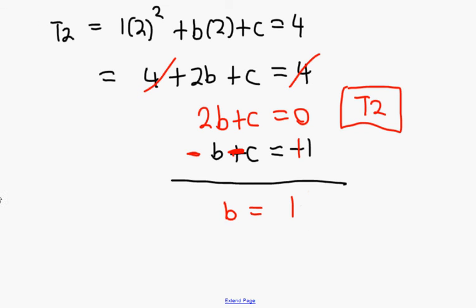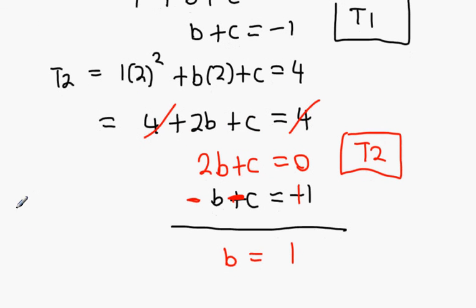Now because b equals 1, you can go up to your original formula, b plus c equals minus 1. B is 1 and b plus c equals minus 1. What does that tell you c has to be? Minus 2.